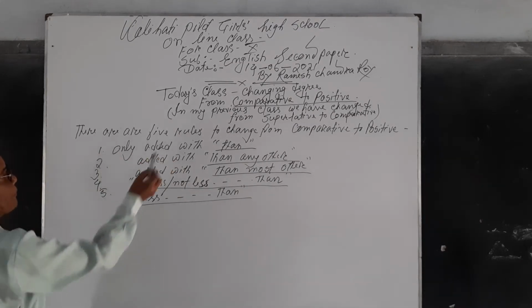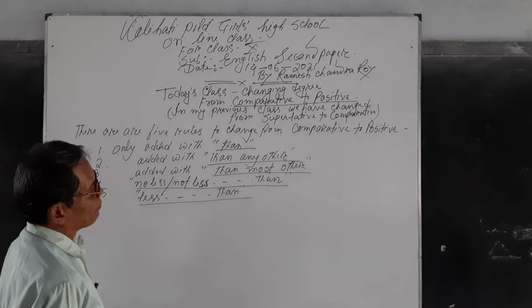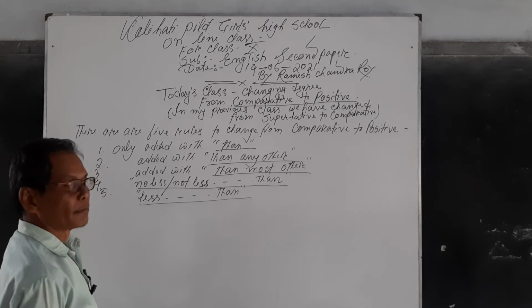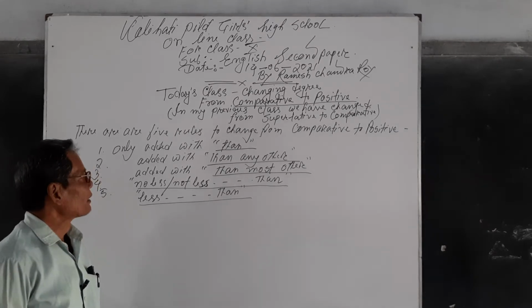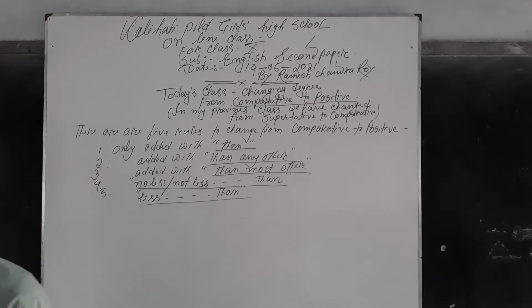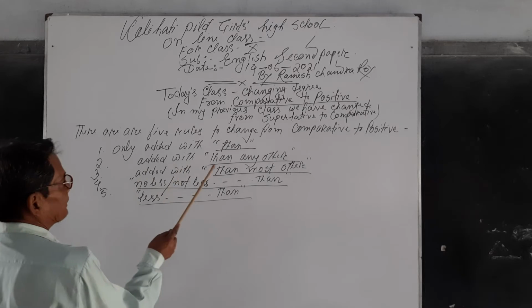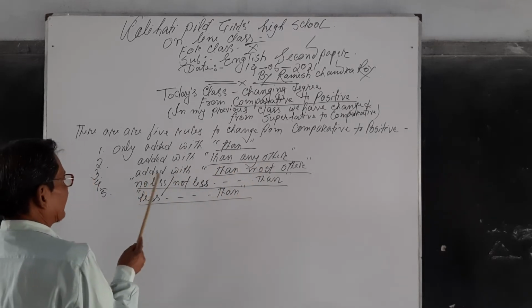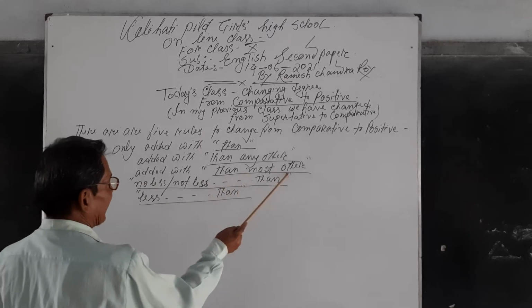There are 5 rules to change sense from comparative to positive. Number 1, only added with than. Number 2, added with than any other. Number 3, added with than most other.